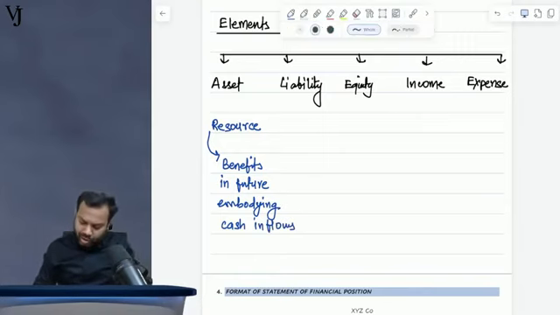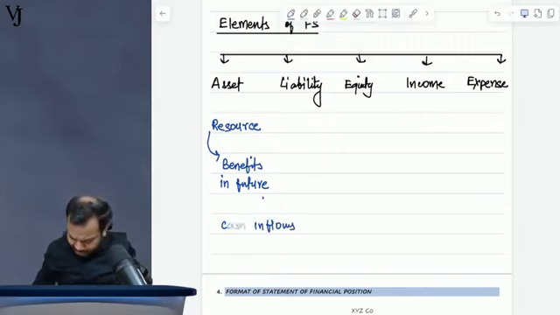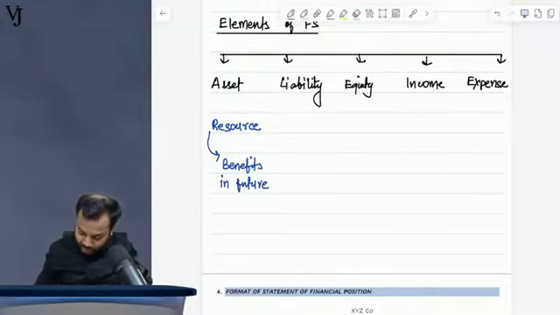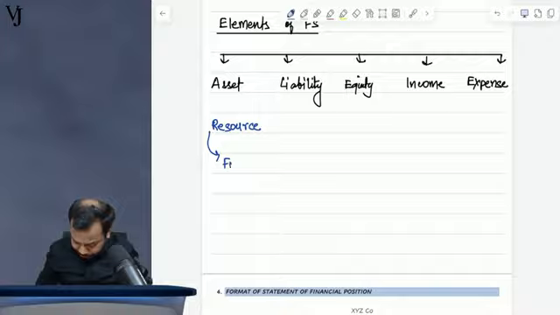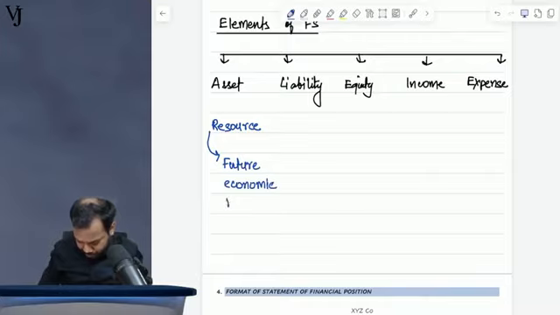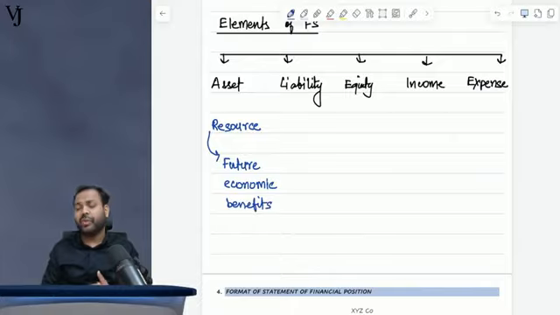In simple language, which will give me future economic benefits.